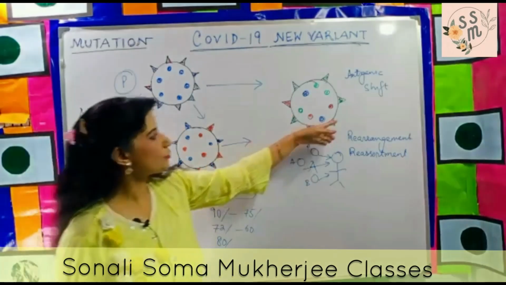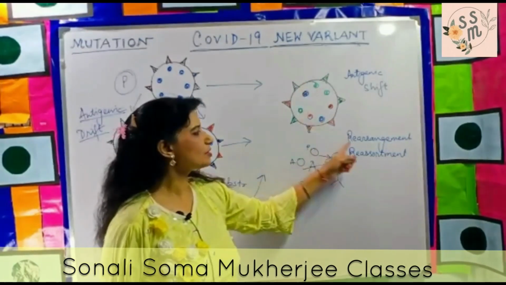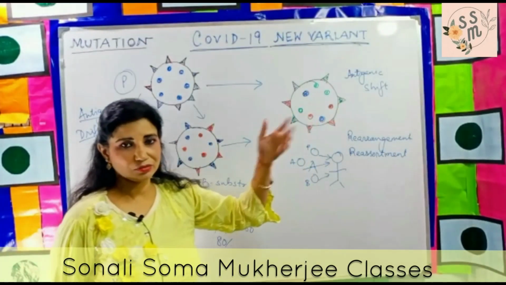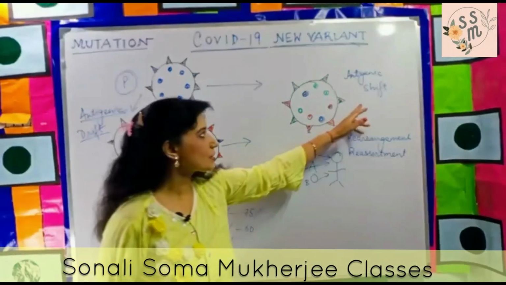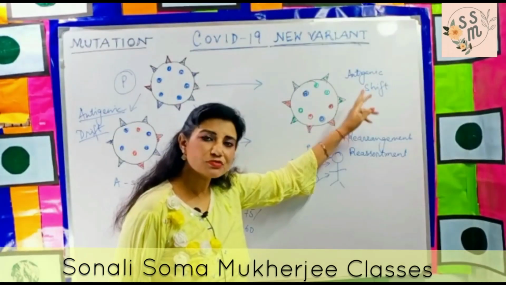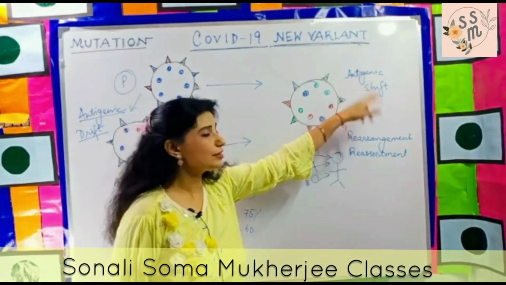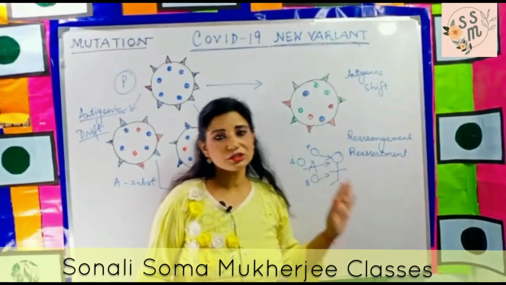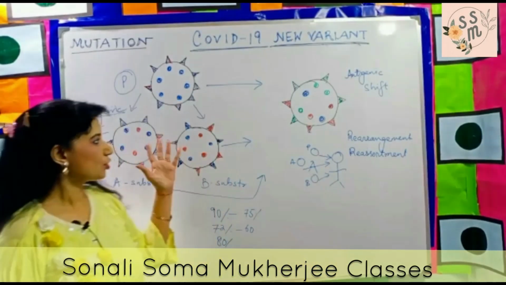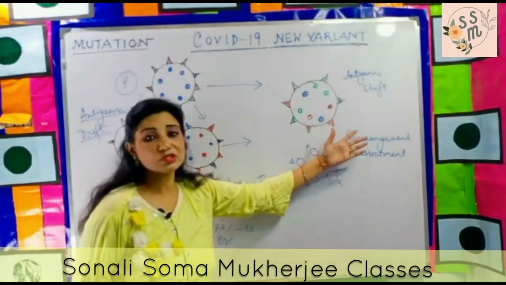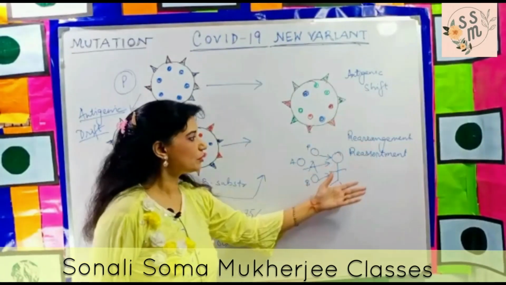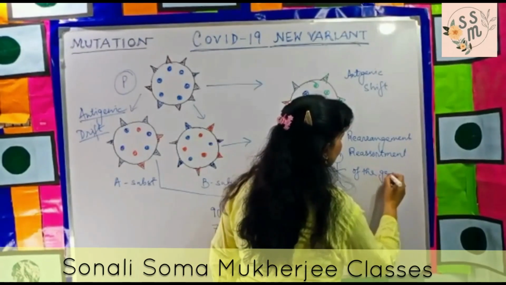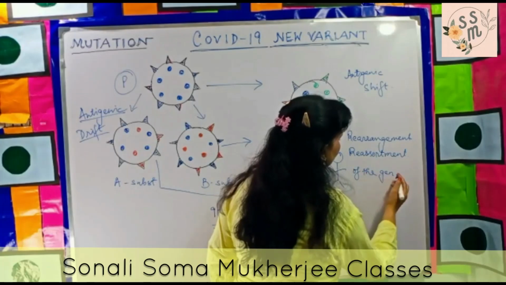Now if it is a different spike protein, and the whole arrangement has changed, then how can those vaccines start working? So this is a severe phenomenon. It's very rapid, it's very rare also. But when it takes place, it really becomes a very drastic state. So antigenic drift is due to mutation, and antigenic shift is due to rearrangement or reassortment of the genetic material, and a new virus form comes up.